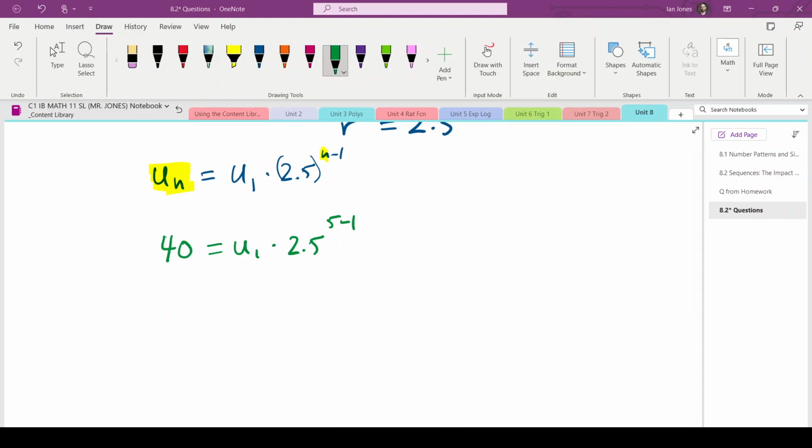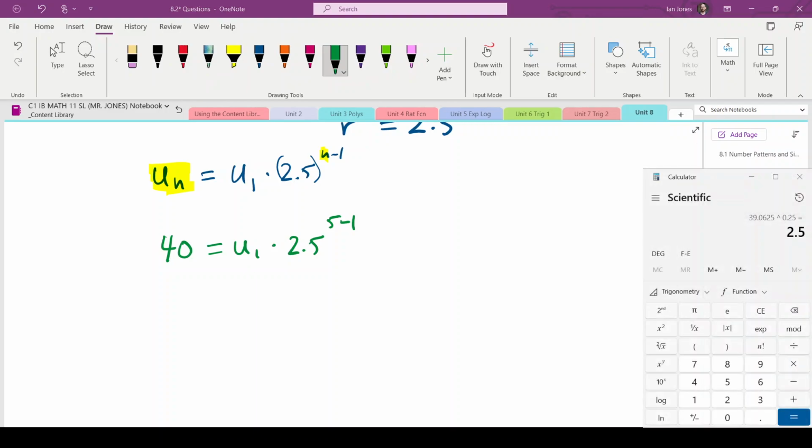Okay, so bringing the calculator back up, I have 2.5 to the exponent of 4. This 5 minus 1 is 4. That's 39.0625. 40 divided by that. In fact, instead of trying to remember the 39, I'll just calculate 40 divided by, in brackets, 2.5 to the exponent of 4, close my brackets, equals 1.024.